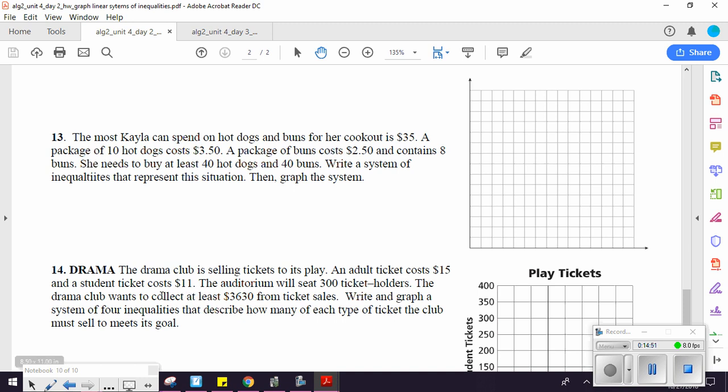All right, so the most she can spend is $35. That's the most, that's her cutoff. So I'm going to say we have H for the number of hot dog packages, and we're going to say B is the number of bun packages.